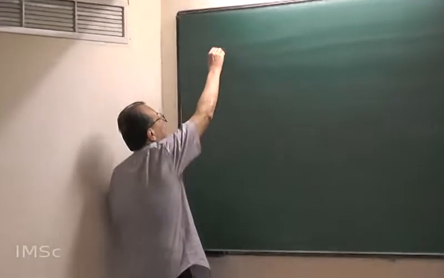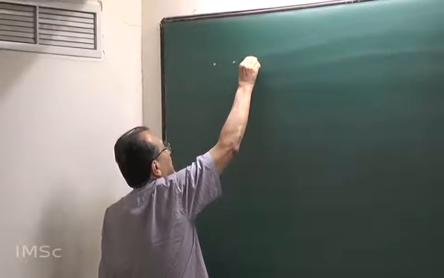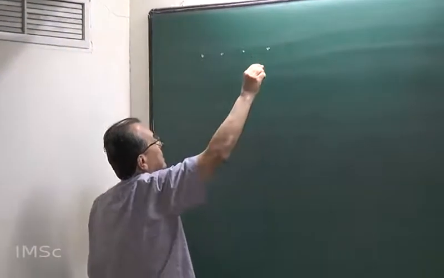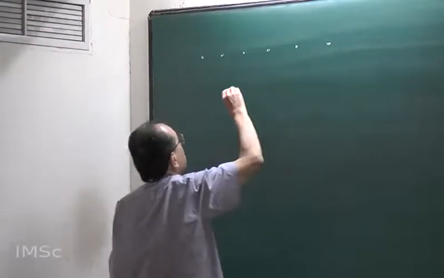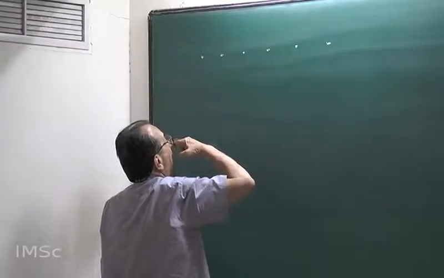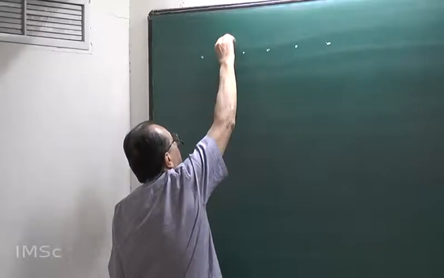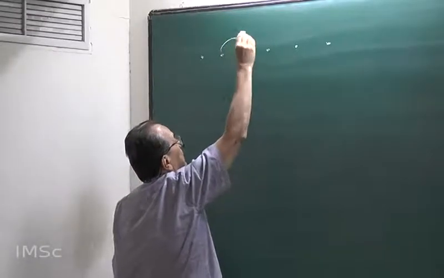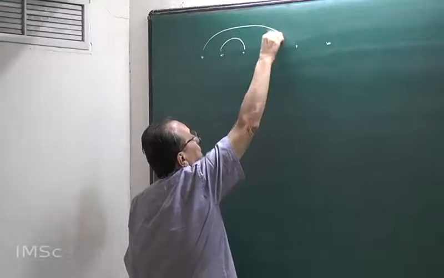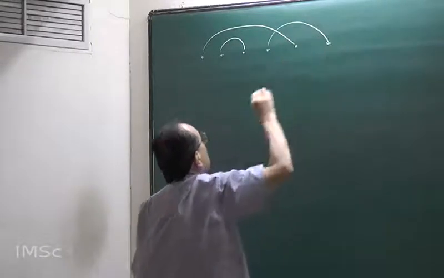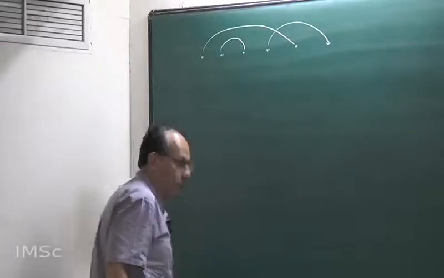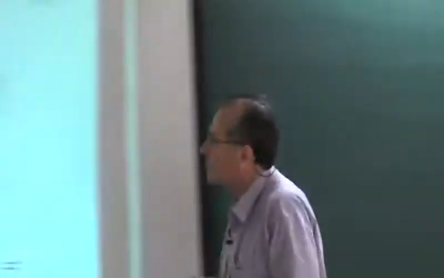In the standard case, this difference is explained when you have a partition like this. For example, if you have this part and then this part is the pair partition, the non-crossing part will be only this one.